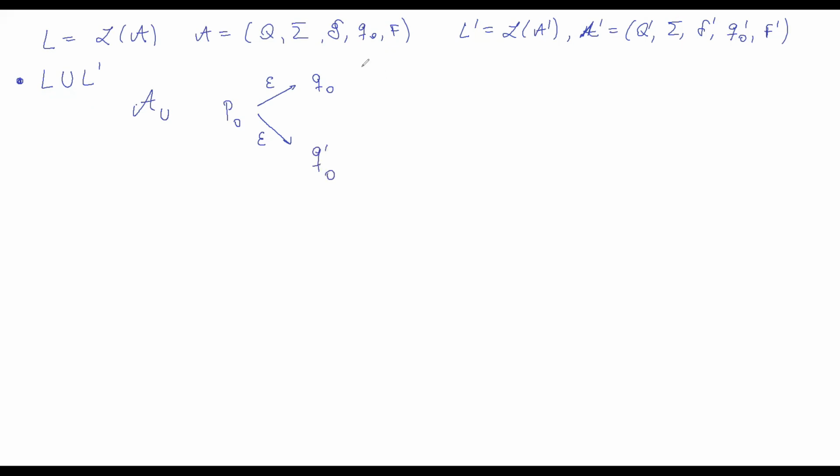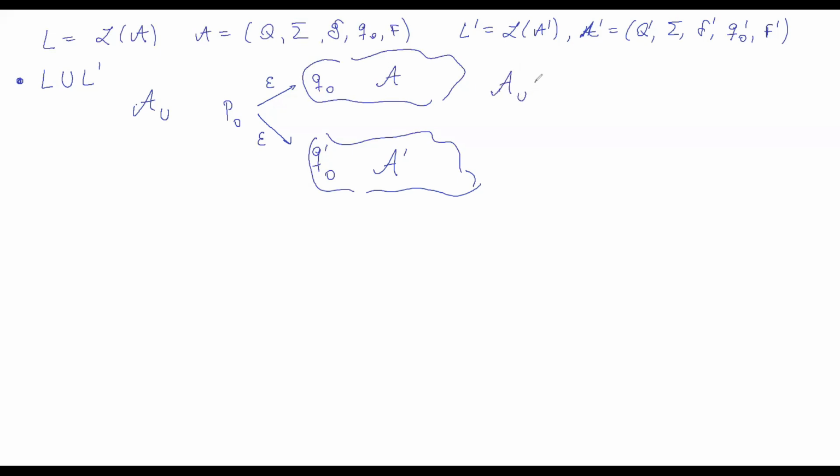And then in here, I'm going to have all the transitions of automaton A, specified by the transition function delta. And here I'm going to have all the transitions of the automaton A prime, specified by the transition function delta prime. So what this means is that this automaton is really specified like this.